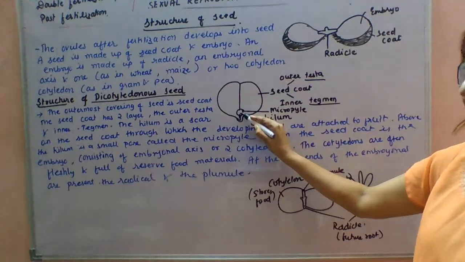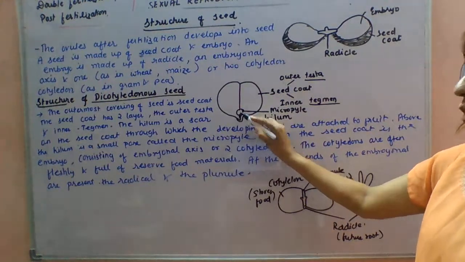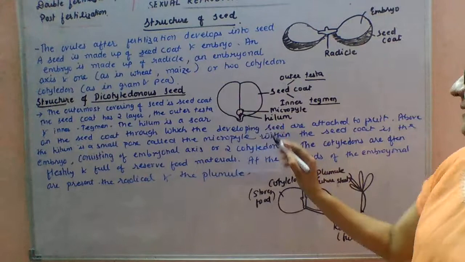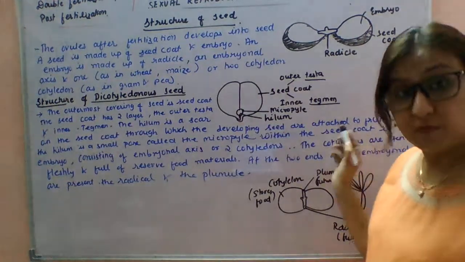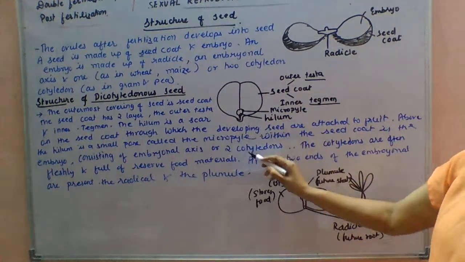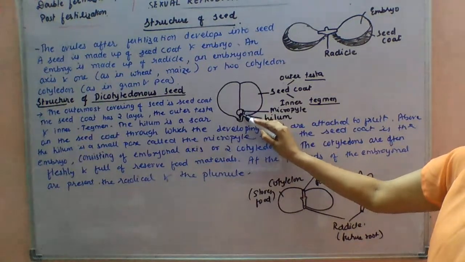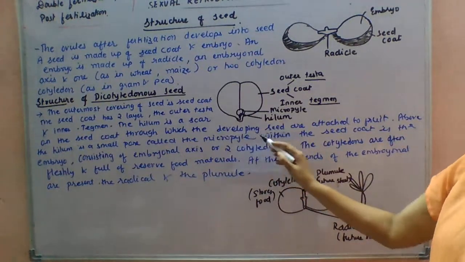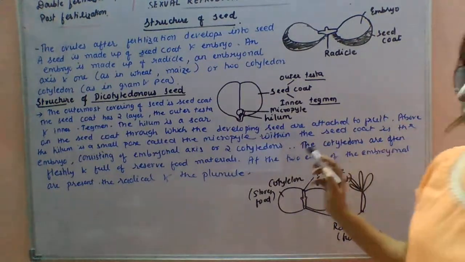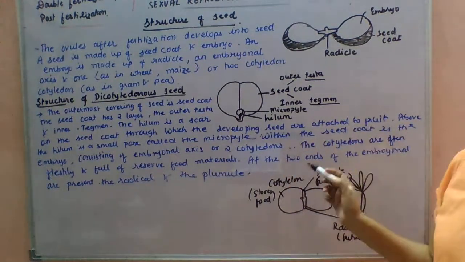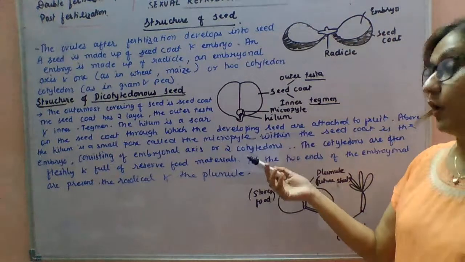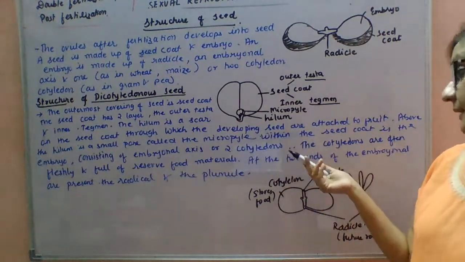The hilum is a scar in the seed coat through which the developing seed is attached to the fruit. Next to the hilum is a small pore called the micropyle. Within the seed coat is the embryo consisting of the embryonal axis and two cotyledons.